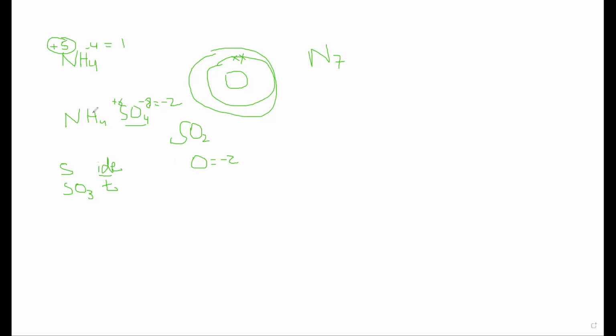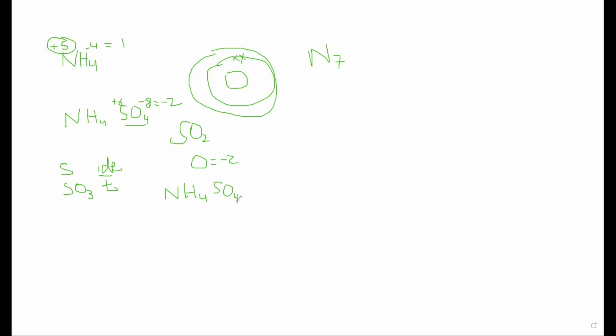So the overall valency of sulfate is -2, right? Okay, so ammonium is +1 and sulfate is -2. What would be the formula of the whole compound, ammonium sulfate? It will be N, H4, SO4, right?